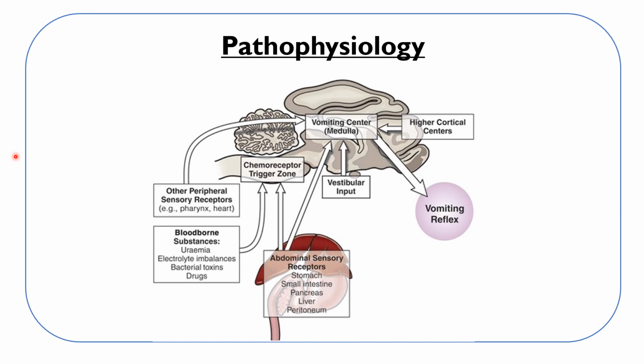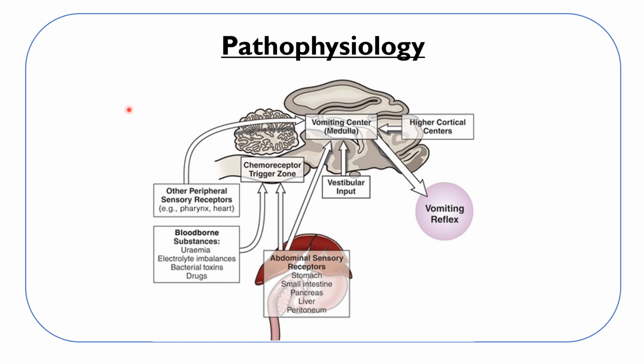Stimulants can be endogenous, such as uremic and hepatoencephalic toxins, or exogenous, like drugs and toxins. Dopaminergic, histaminergic, adrenergic, serotonergic, cholinergic, and other receptors are present in the chemoreceptor trigger zone, and are activated by these stimulants that then activate the emetic center.